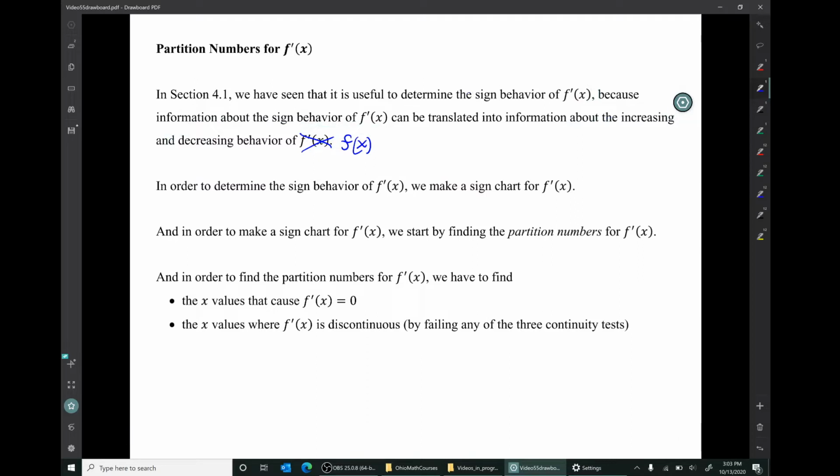Now, in order to determine the sign behavior of f prime, we have to make a sign chart for f prime. And in order to make a sign chart for f prime, we have to start by finding the partition numbers for f prime of x.